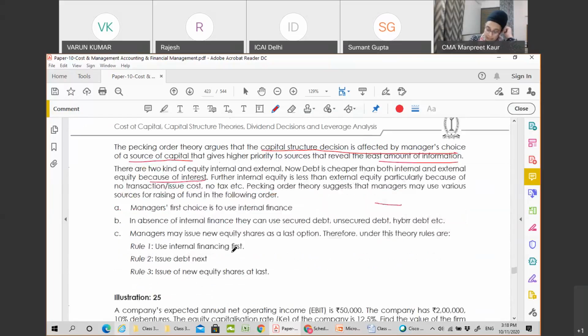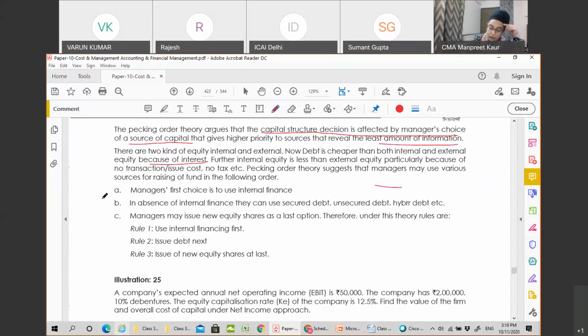So in this pecking theory, first of all, managers' first choice is to use the internal finance. Second, after internal finance, they can use the secured debt, unsecured debt, hybrid debt.